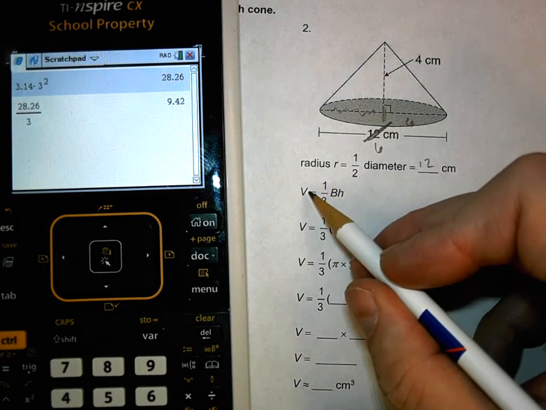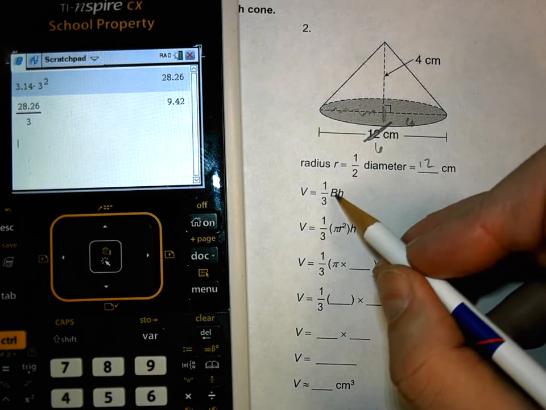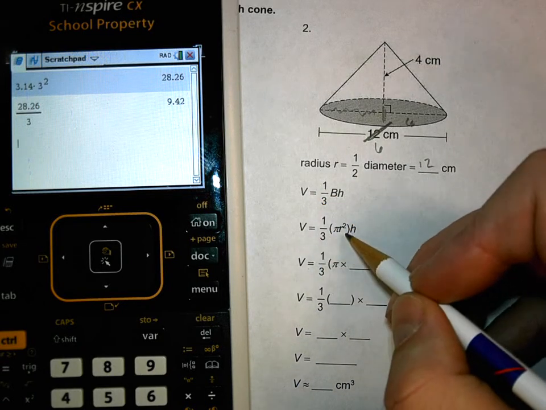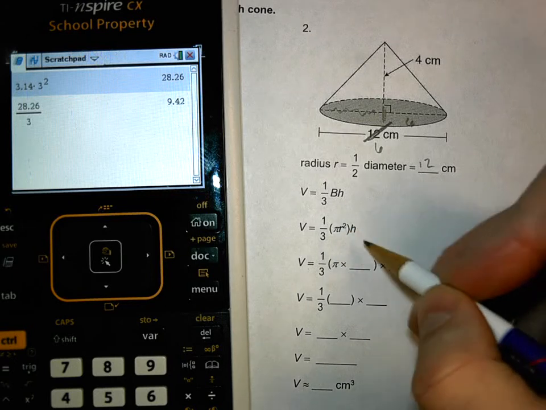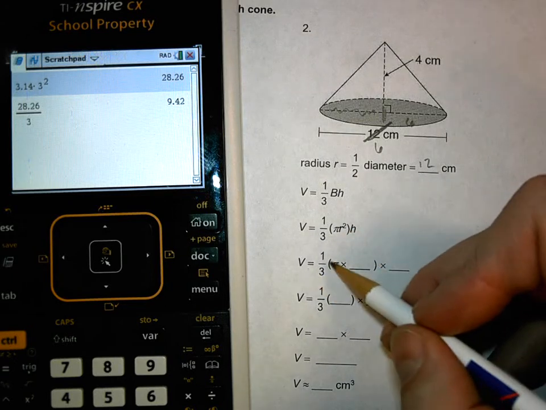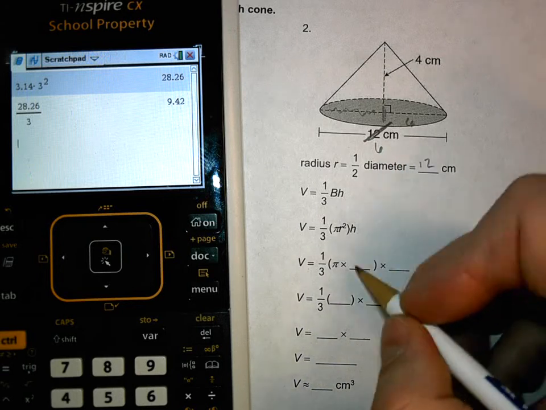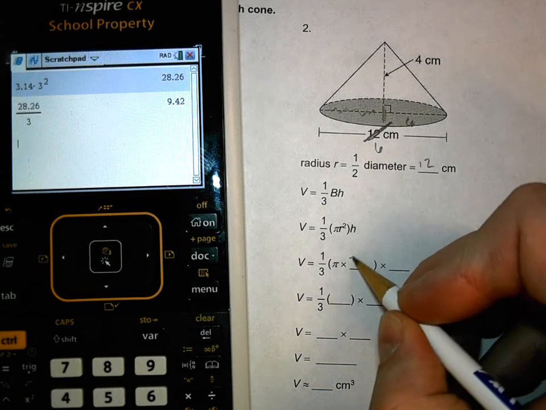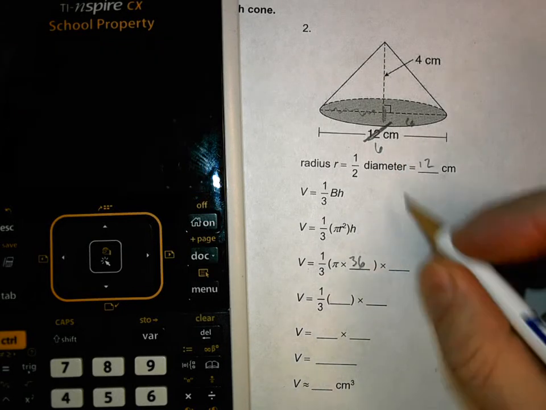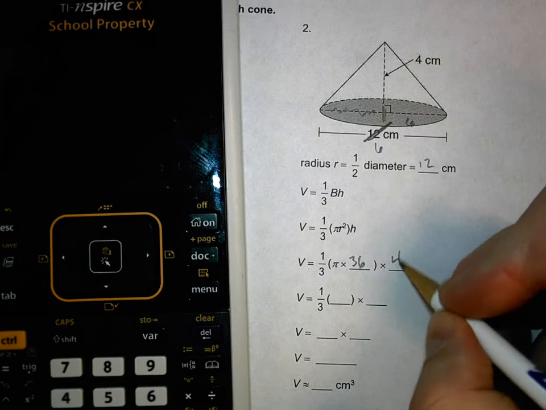I've got the same thing. Volume is 1/3 big B, which is the area of the base, times height. The area of the base is a circle, so it's 1/3 times pi r squared times height, or 1/3 times pi times 6 squared. I'm not even going to cheat this time. I'm just going to put 6 squared, which is 36, times the height, which is 4.